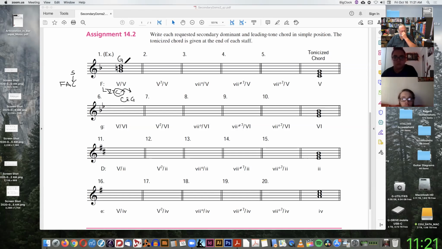Okay, so now it stays in F. So now you expand it out to a 5-7. So you have to add the 7th now. What would you add to make it a 5-7?